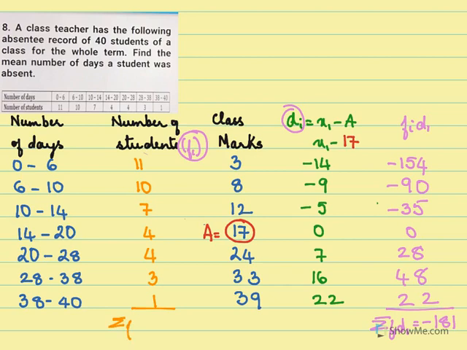Here we need to add up these totals to get sigma fi, which is n, and this comes to 40. So here is n, the number of readings. It is sigma fi equal to 40. Sigma fi di we calculated as minus 181, and now a was 17.